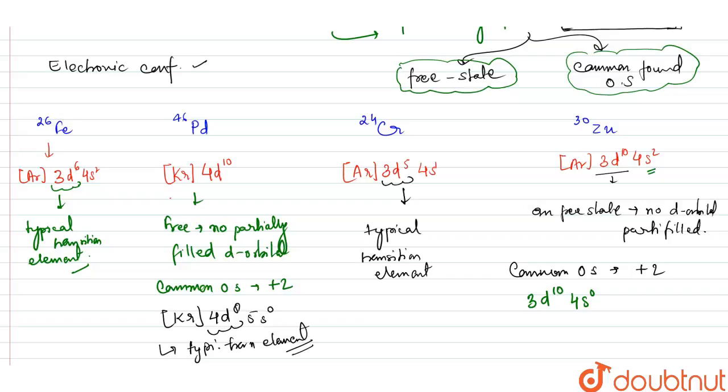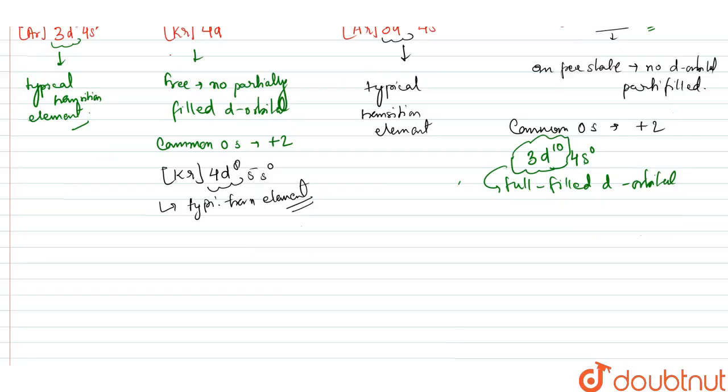So that becomes s0 and the d orbitals remain intact, fully filled. Now since the d orbital is fully filled, zinc cannot accept any electron in its d orbital, hence there are no transitions. So this, though included in the d block, does not behave as a typical transition element.